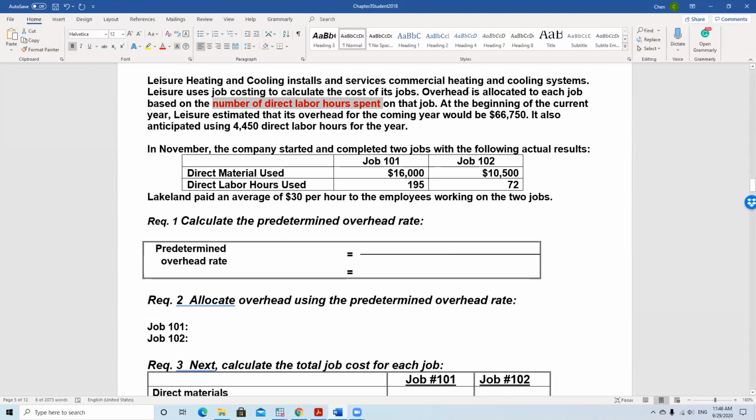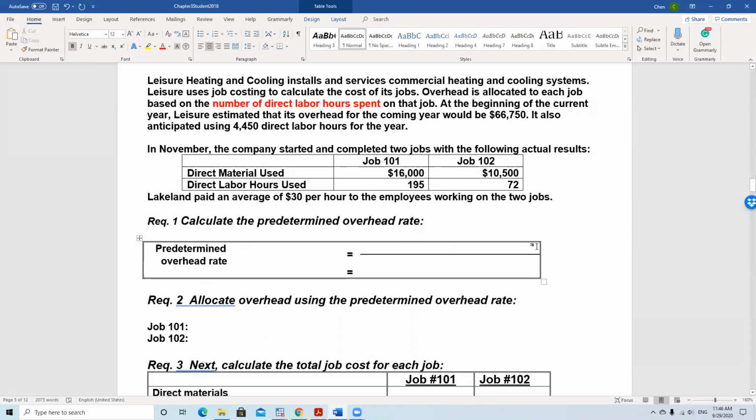The overhead is allocated to each job based on the number of direct labor hours spent on the job. What is direct labor hours? What is it called? Yes, this is what we call the allocation base, right? It's a cost driver. At the beginning of the current year, it estimated that its overhead for the coming year would be this amount. It also anticipated using 4,450 direct labor hours for the year. Okay, so how do we calculate the predetermined overhead rate here?